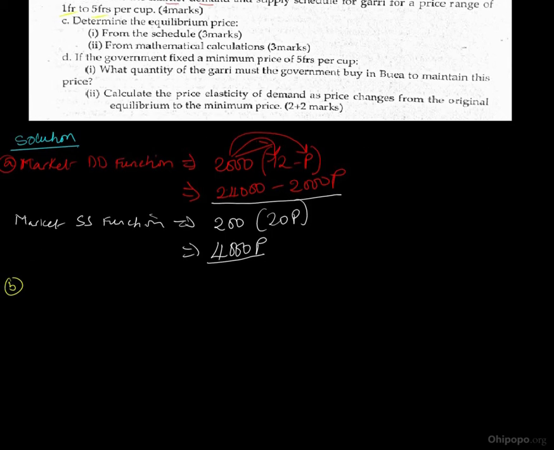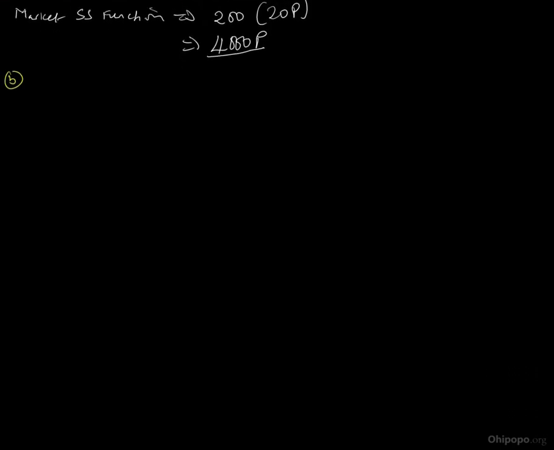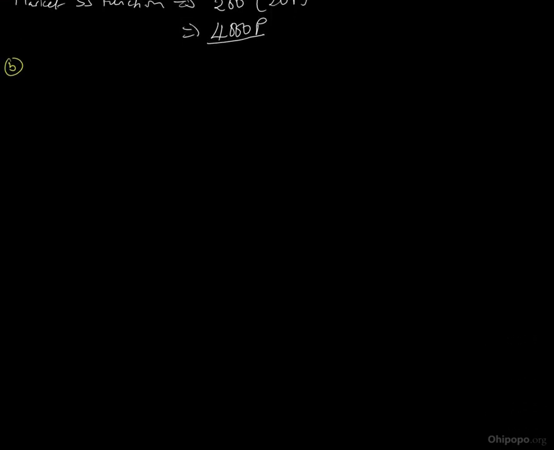Please follow me carefully. The first thing here, I'll be drawing the table, coming down. We have to construct what? Price. The demand for Gary. And the supply for Gary. Why?